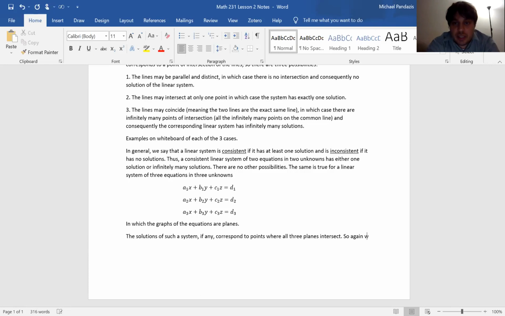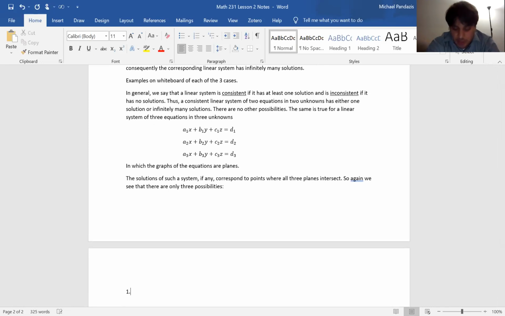So again, we see that there are only 3 possibilities. 1, no solutions. 2, exactly 1 solution. And 3, infinitely many solutions.